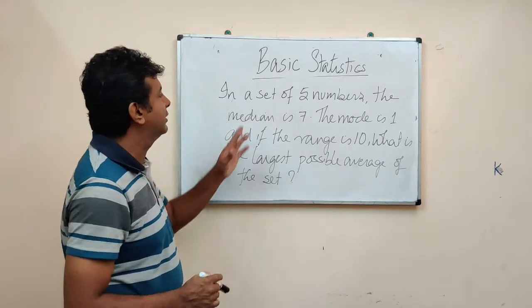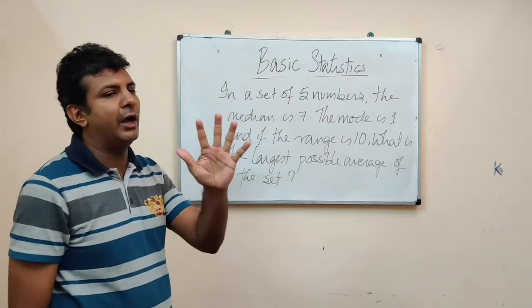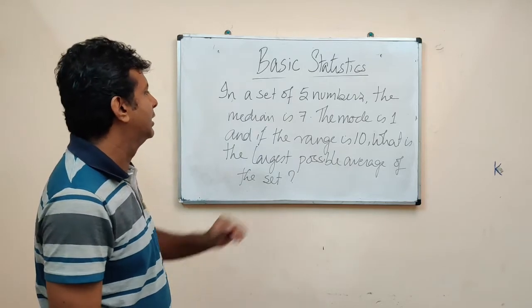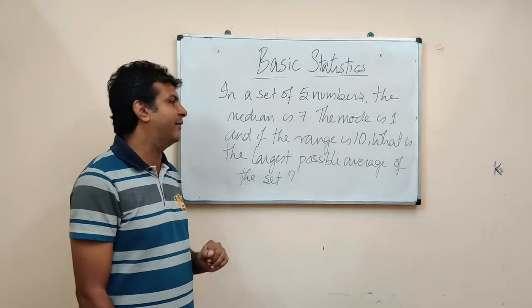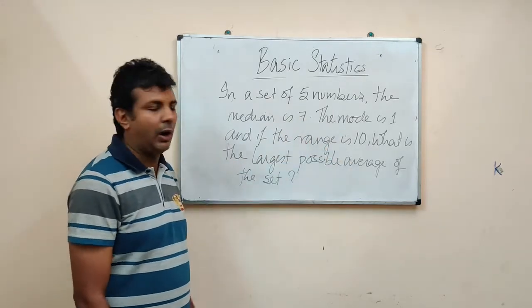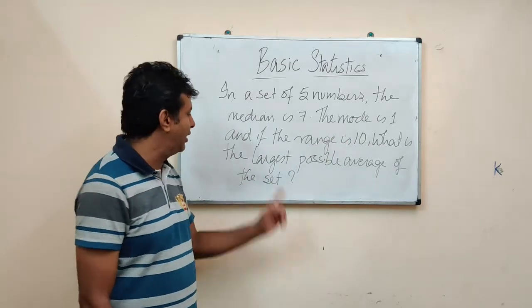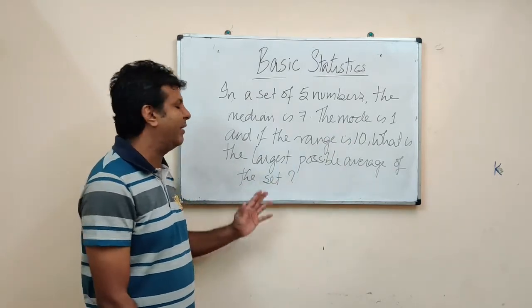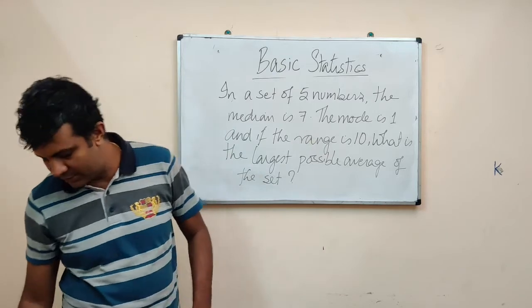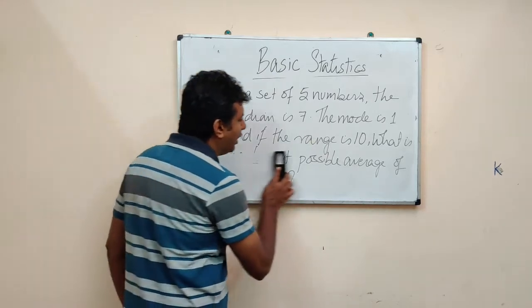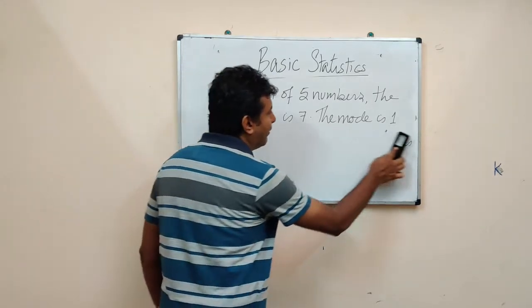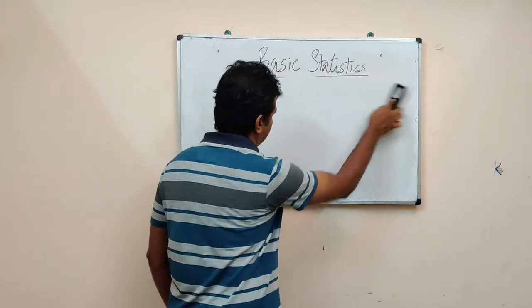Now look carefully at this question. There are 5 numbers in this set of numbers. The median is 7. The mode is 1. And if the range is 10, what is the largest possible average of the set? This is the question. Now all terms given here are familiar to us. We just discussed those.